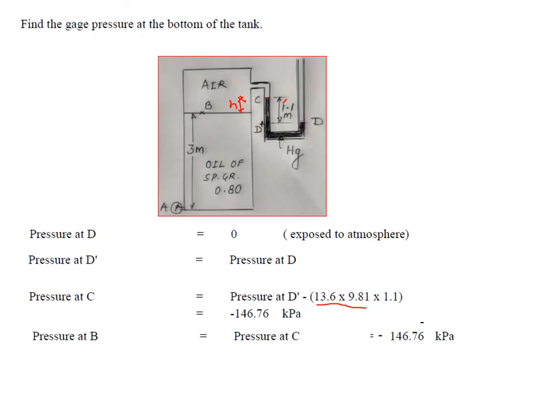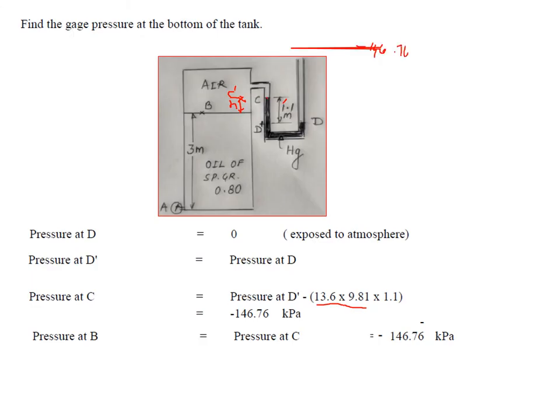If you know the pressure at C, which is minus 146.76, because it is one continuous fluid, which is air, the pressure here has to be the same. I will take this as C dash. The pressure at C dash has to be equal to the pressure at C, so it is minus 146.76.